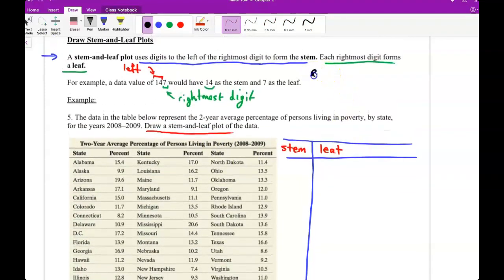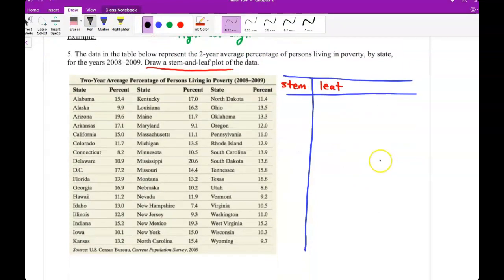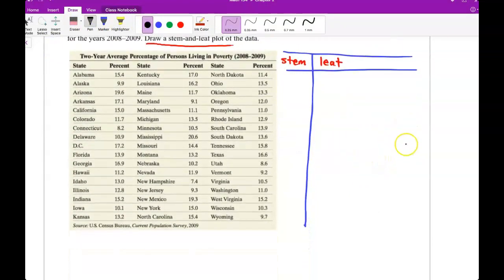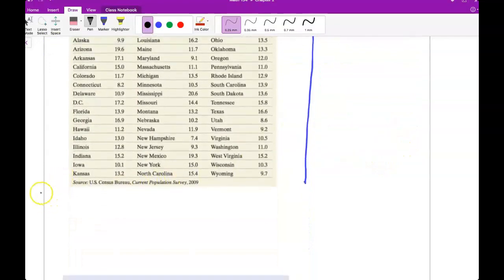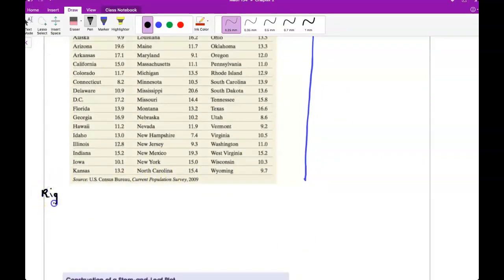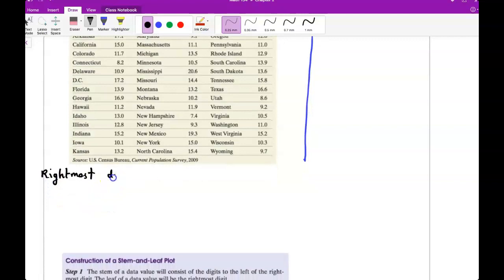So the rightmost digit. Let's write that here, because this is not for this example. The rightmost digit is the tenths place.